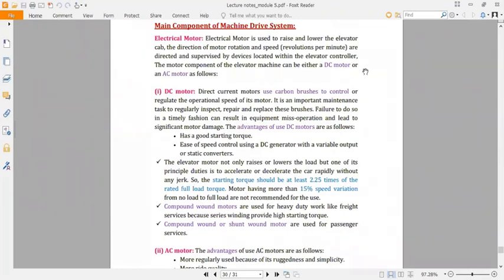Accordingly, the motors we can use for this purpose are different. So where we are using this elevator system will decide which type of motor we should use. Got my point?